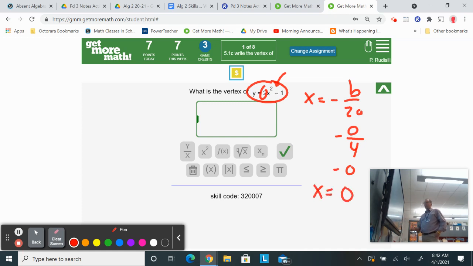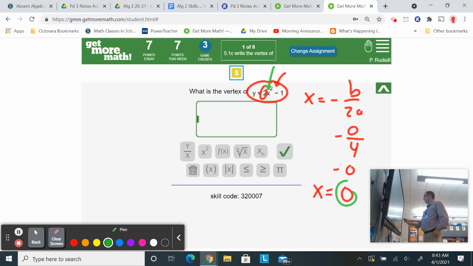So I know my axis of symmetry is right on the y-axis because that's where x is always 0. Now I take that value and I put it in every place I see an x. I only see an x one place, so I put a 0 in there. 0 squared is 0. 0 times 2 is 0, and 0 minus 1 is -1.